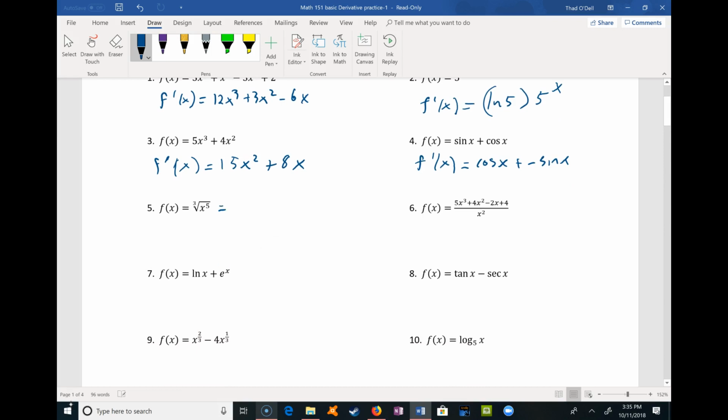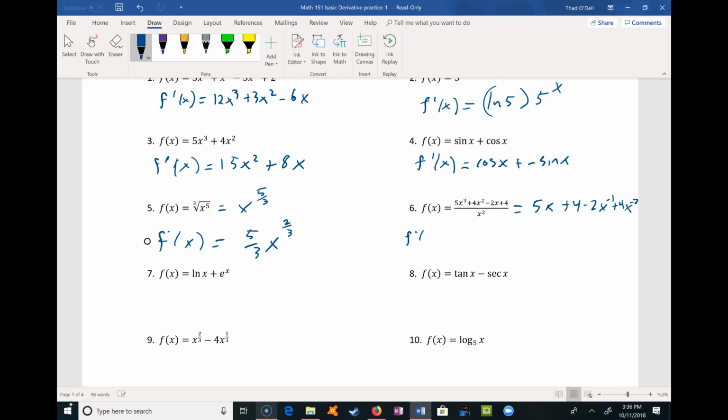Okay, this one, first thing I would do is rewrite it as x to the 5/3. So then when I take the derivative, it's just a good old power rule. So that'd be 5/3 x, and 5/3 minus 1 would be 2/3. And this one, I would divide the x squared in first. So that's going to give me 5x plus 4 minus 2x to the negative 1 plus 4x to the negative 2.